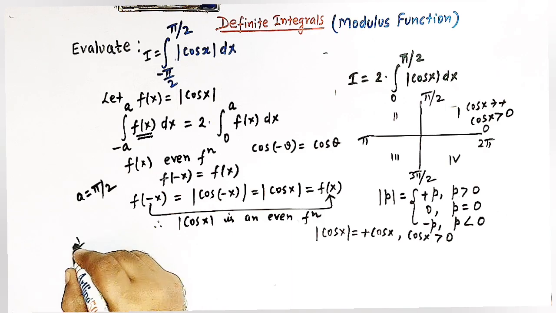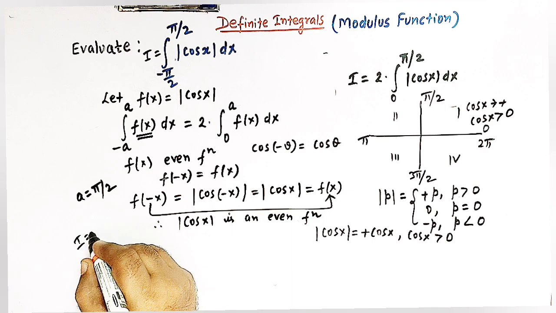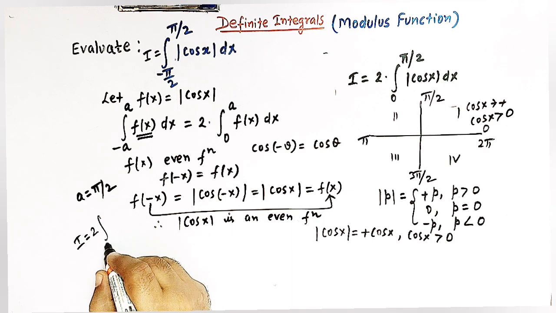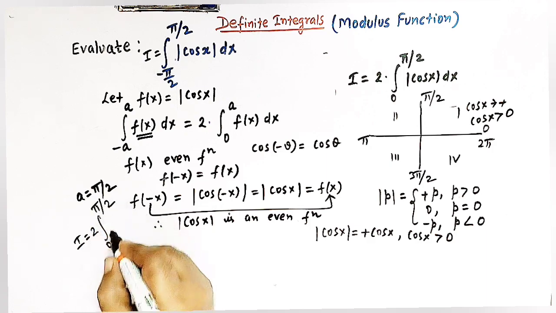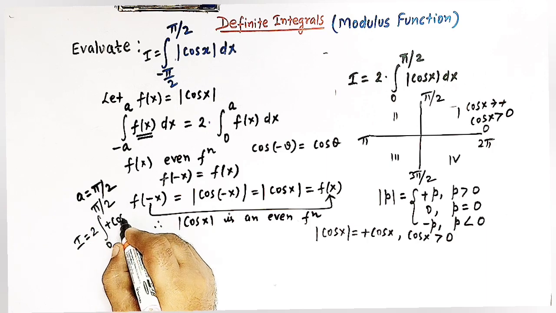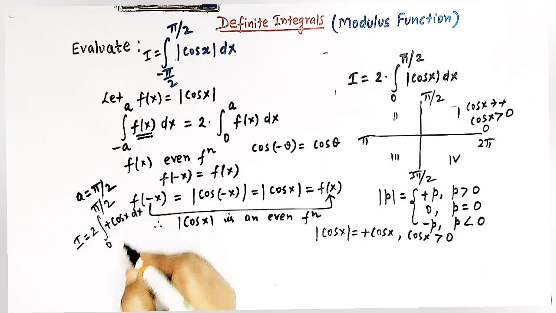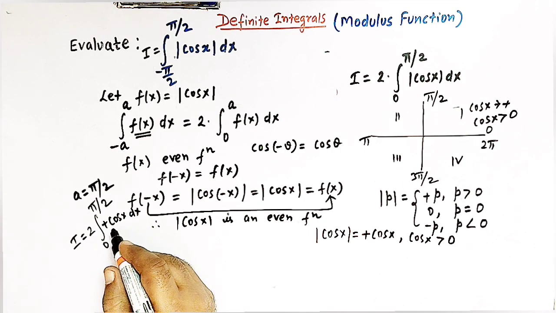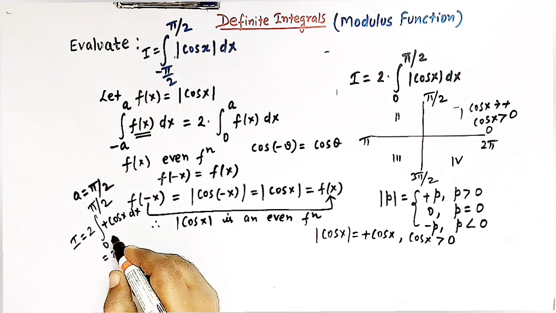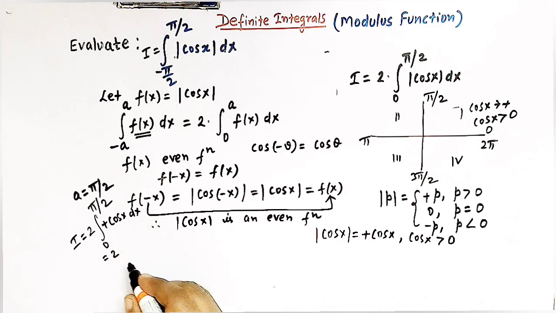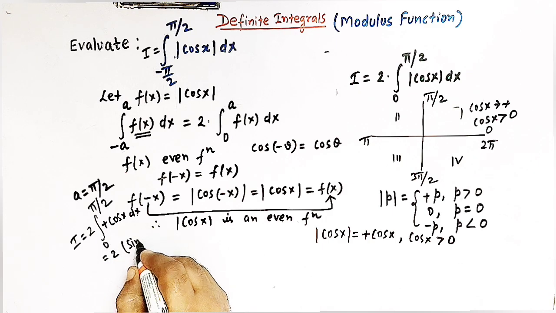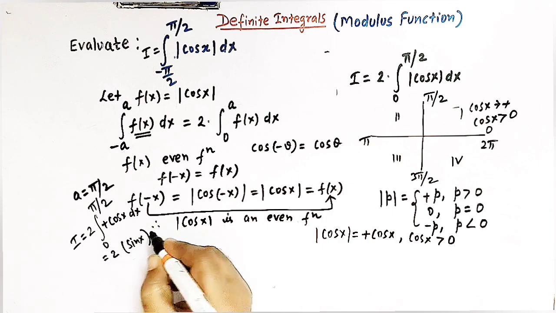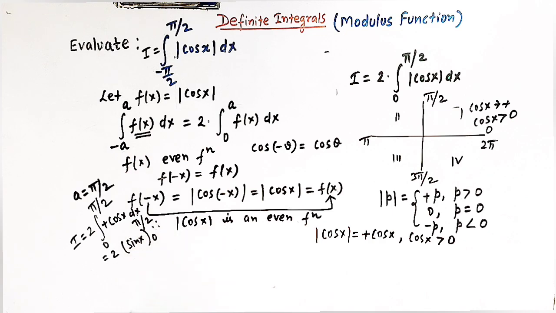So now our integral I takes the form 2 times the integral from 0 to pi by 2, and here we have positive cos x dx. So now we have a simple integral, and here the integral of cosine x is simply sine x, and the limits of integration are from 0 to pi by 2.